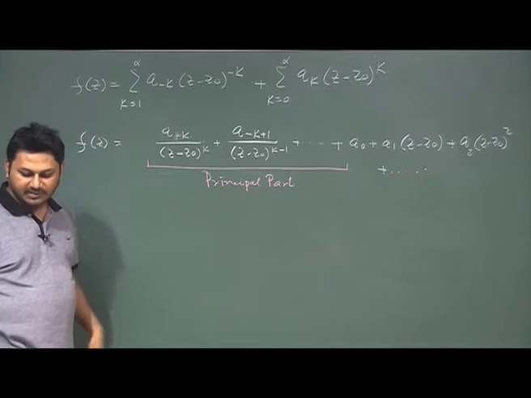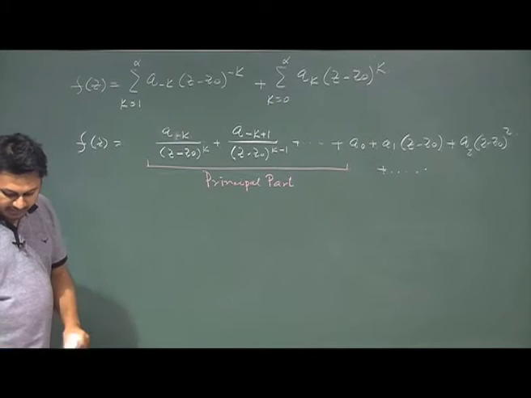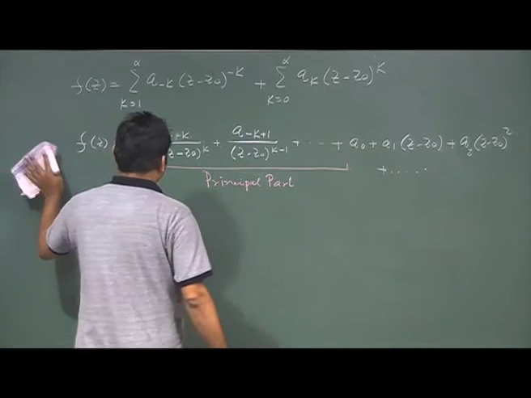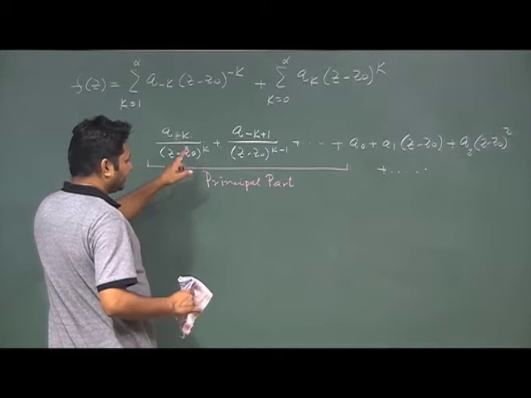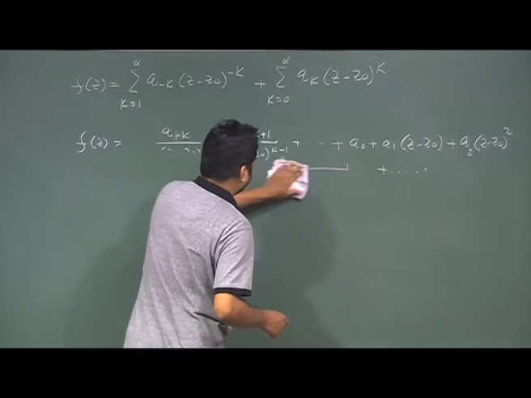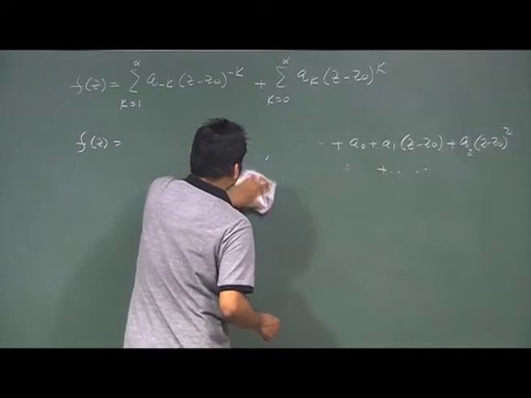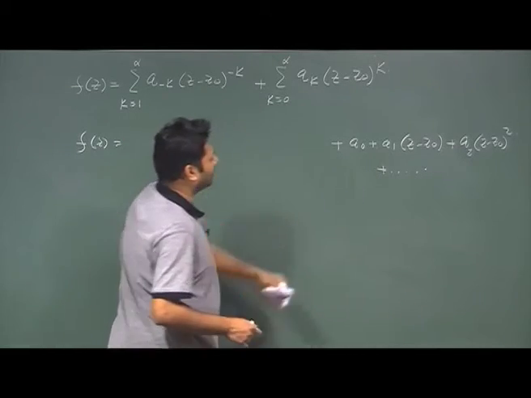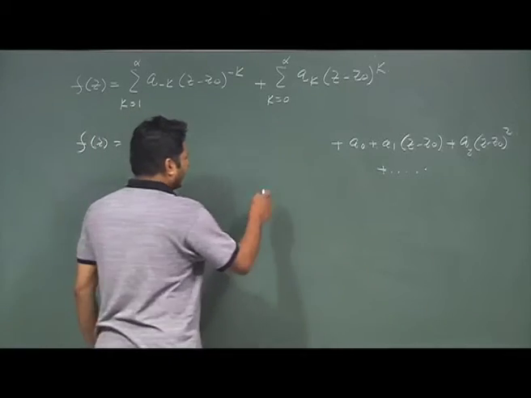Now, this is a general form. Let me simplify it, and say this principal part has only one term. If the principal part has only one term, then k is equal to 1 only.